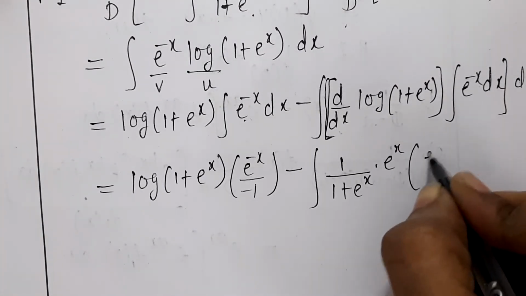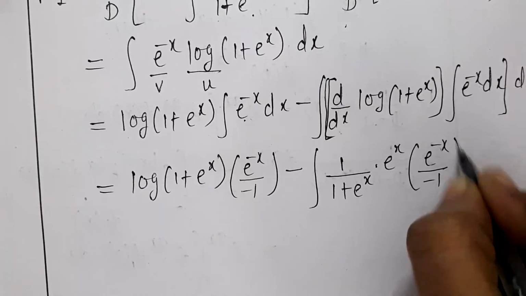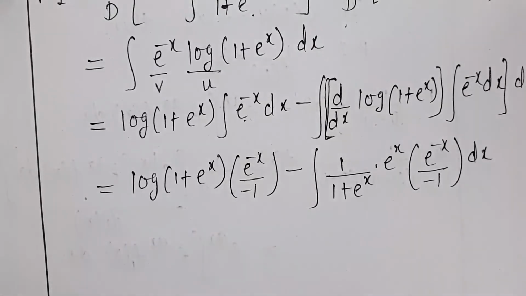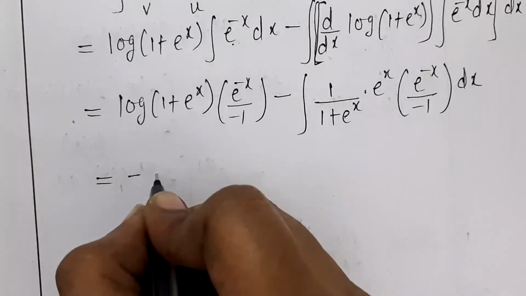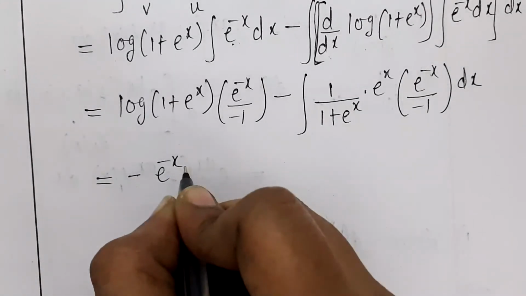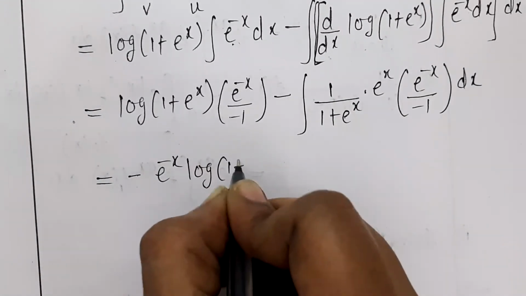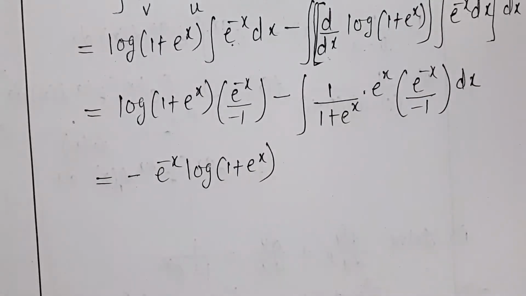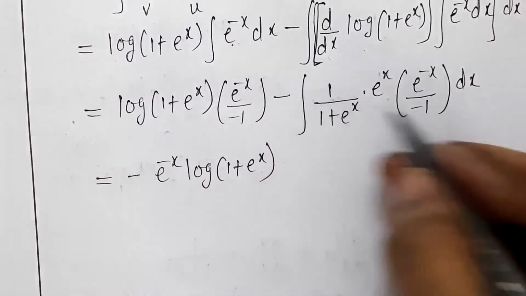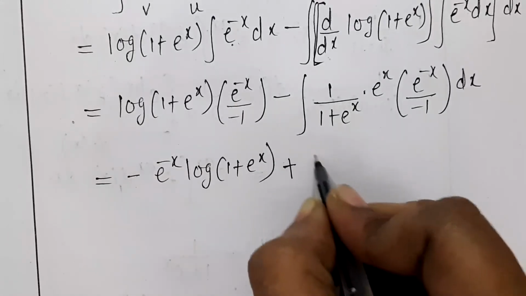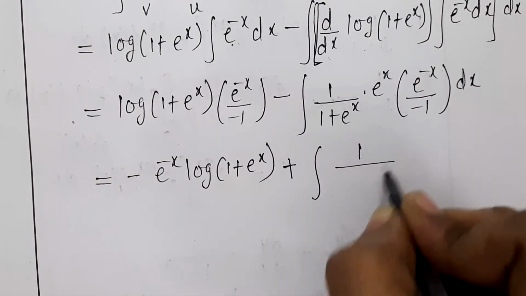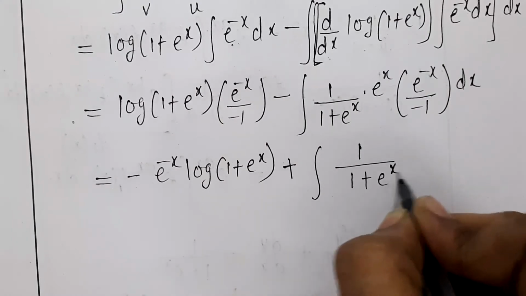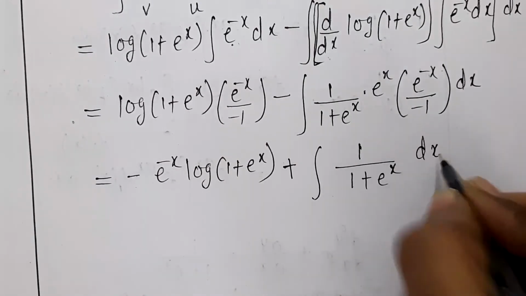Integration is e to the power minus x divided by minus 1 into dx. So this is equal to minus e to the power minus x log of 1 plus e to the power x. First term gets simplified. Second term is minus with this minus, it is plus e to the power x into e to the power minus x is 1, by 1 plus e to the power x dx.